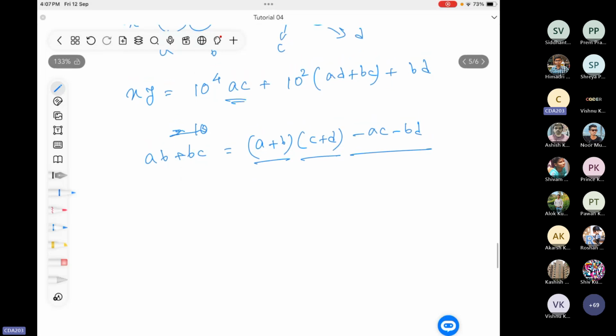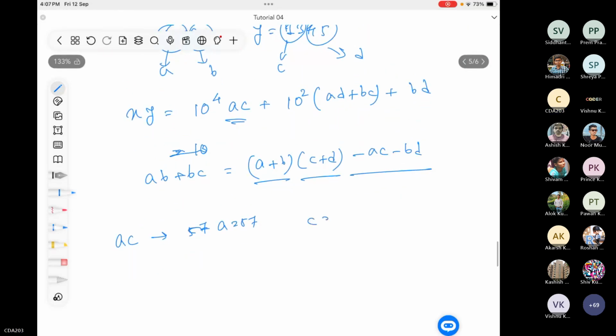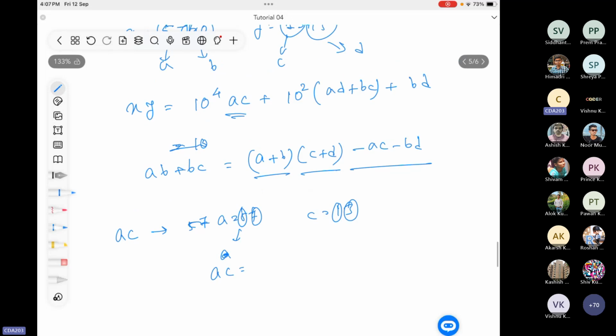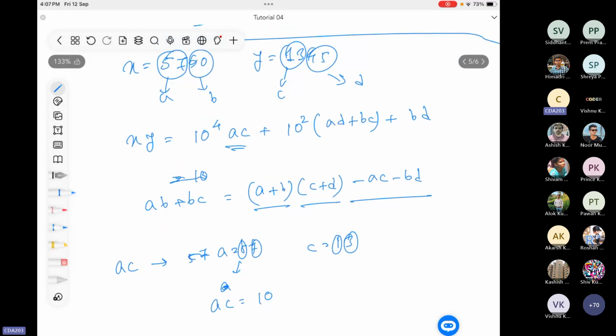First AC. For AC, we need to call again. A is 57 and C is 13. So we break these numbers into single digits. If you multiply AC, how many digits are there? It would be 10 square.